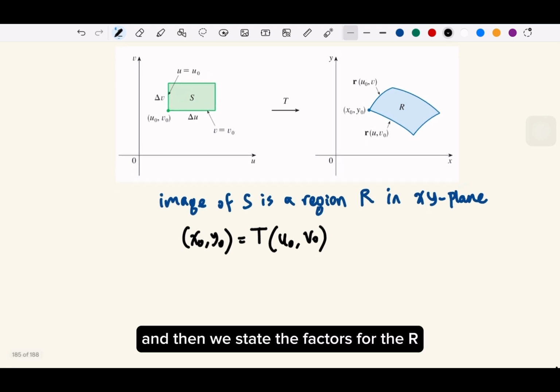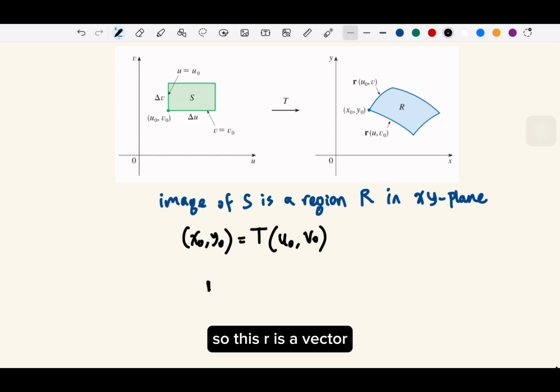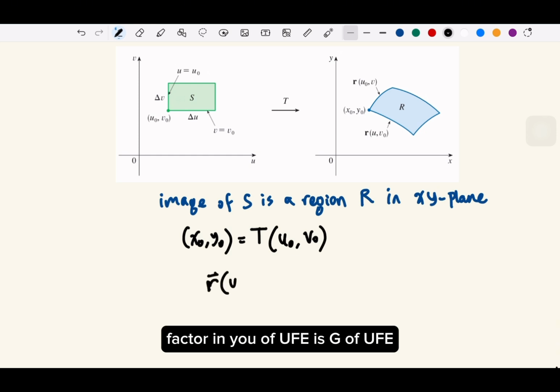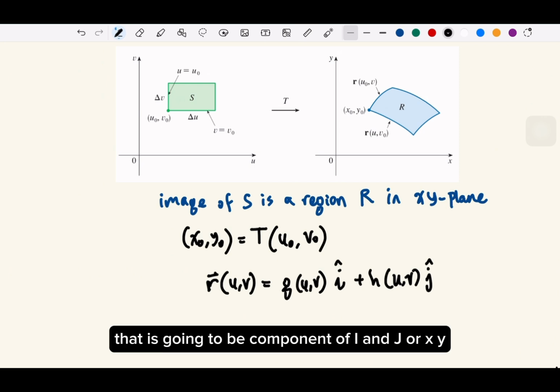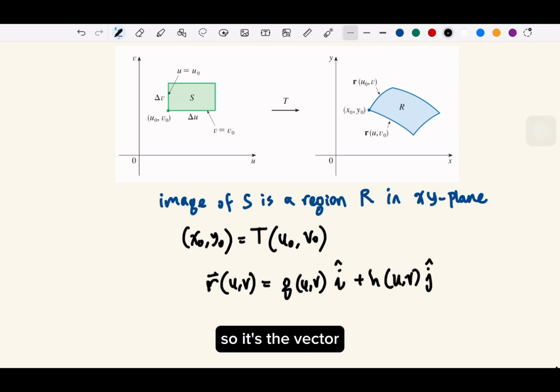And then we state the vectors for the R. So this R is a vector in U, phi, is G of U, phi, and we state these two functions as the components of I and J, or X and Y. So it's the position vector.